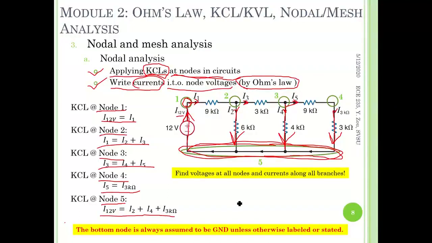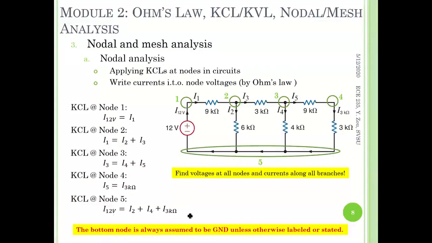Because in a lot of circuits, if you check the textbook as well, there's no ground labeled, and therefore we have to assume one as the ground. And the bottom node, node number 5, is the ground. So keep this in your mind.